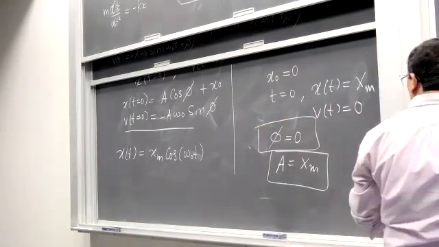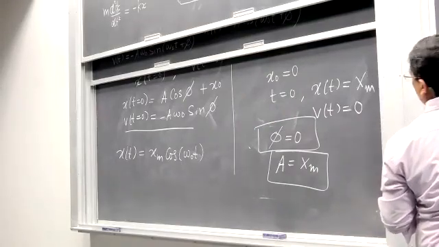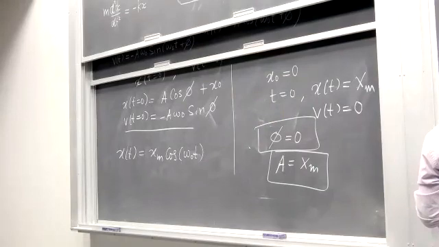So now let's try to plot this. x of t equals xm cosine omega naught t.